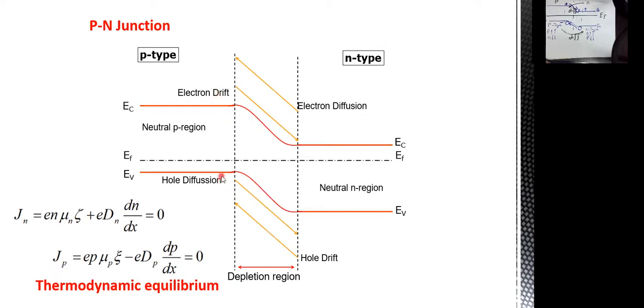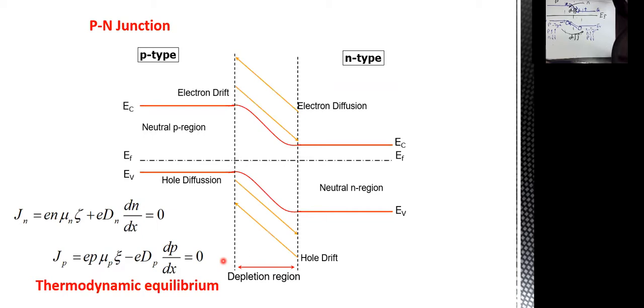Similarly here, you have a drift current moving in this direction and a diffusion current moving in this direction. So the total current is equal to 0. Now, using this equation, we can make a very important observation. Of course, these are two identical equations, so you can use any one of them in order to make the guess. But before using these two equations, let me ask you a question.